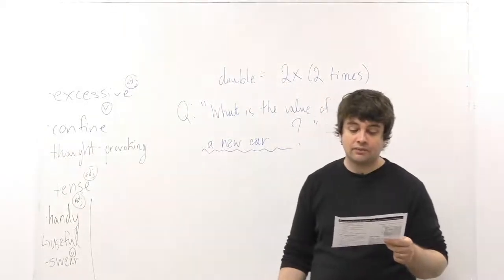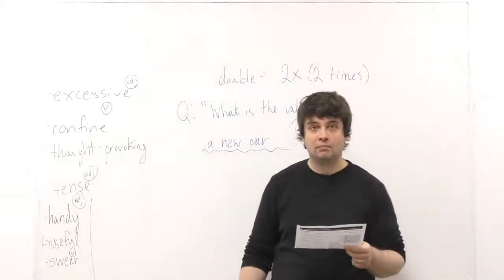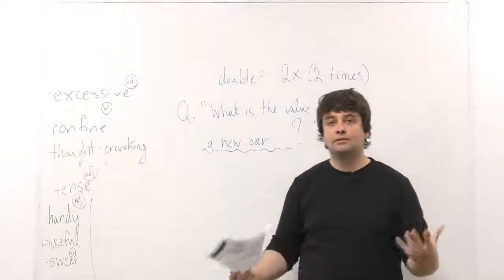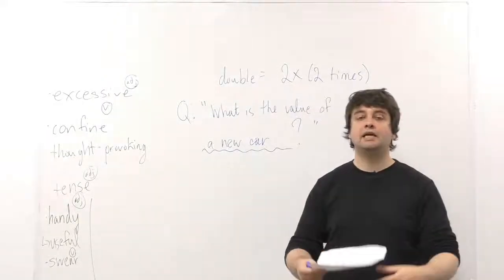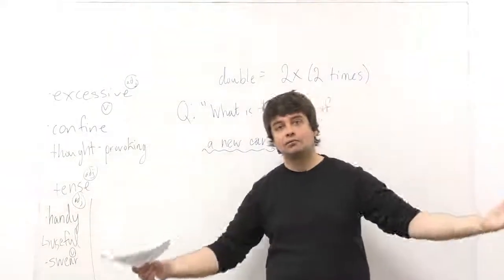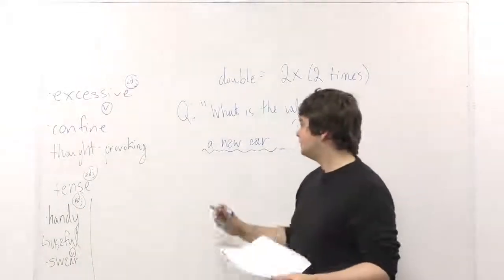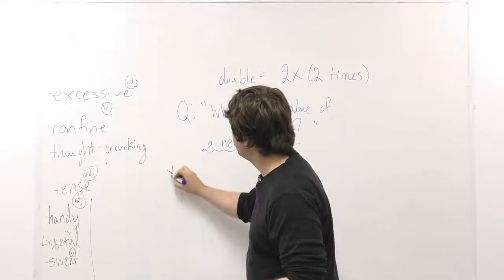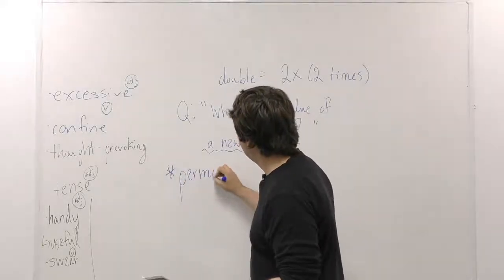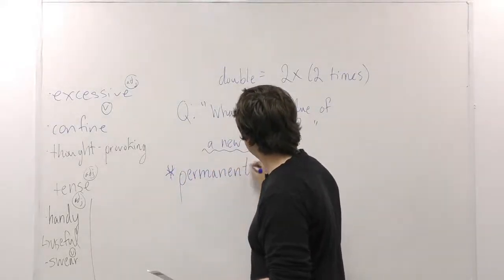Netflix thinks the increase in membership will be permanent, right? So we know if we describe something as being permanent, it means everlasting, will last forever. What is the opposite of permanent?